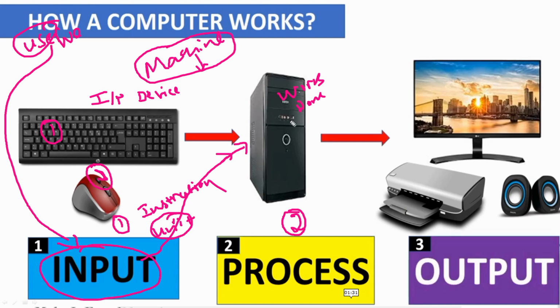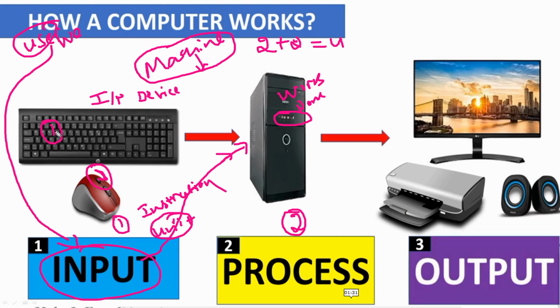Now the processing unit will find the answer for the user's request. For example, the user has given the instruction 2 plus 2, and we know the answer is 4. But how does the computer system process this instruction?